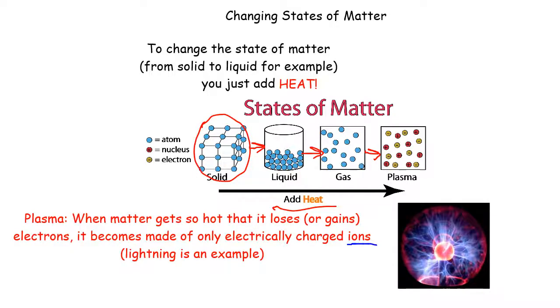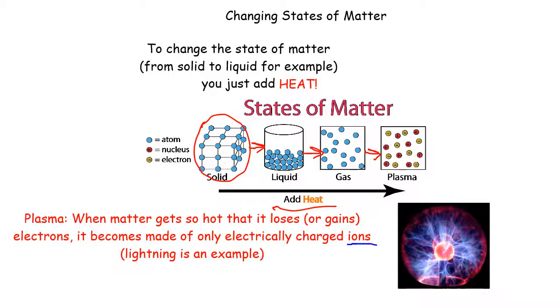As it generates that heat, the electrons fly around. They fly off of certain atoms and stick to other ones. So some of the atoms have too many electrons. Some of them have too few. As those electrons bounce around and exchange electrons, they become very, very energetic. And their discharge is lightning.